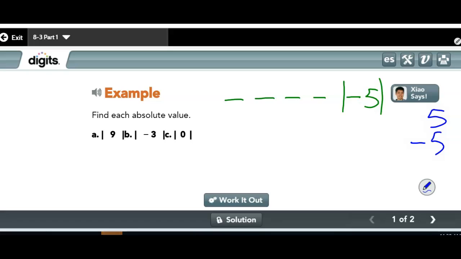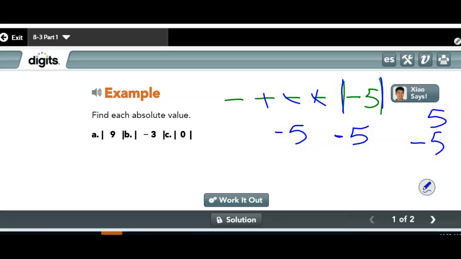Okay? Alright. How you start? Start from the inside. What is the absolute value of negative 5? Right? It's 5. What is the opposite of 5? Negative 5. So cross it out. What's the opposite of negative 5? 5. How do you cross that out? What's the opposite of 5? Negative 5.